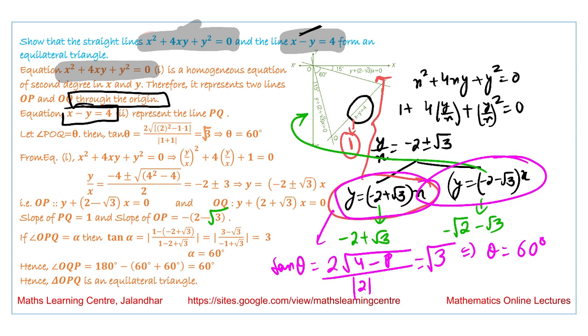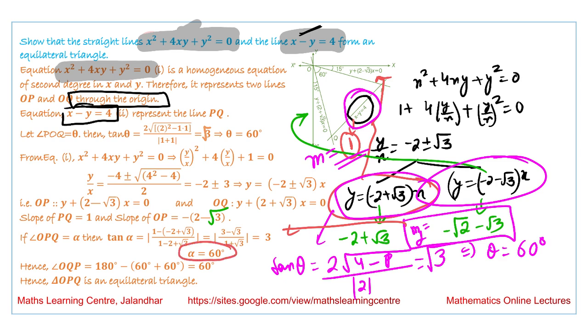Similarly, if we calculate the angle between the line given by the slope m1 is equal to 1 and the slope m2 is equal to this, we are calculating the angle using these two slopes. The answer we obtain, again the angle is 60 degrees.